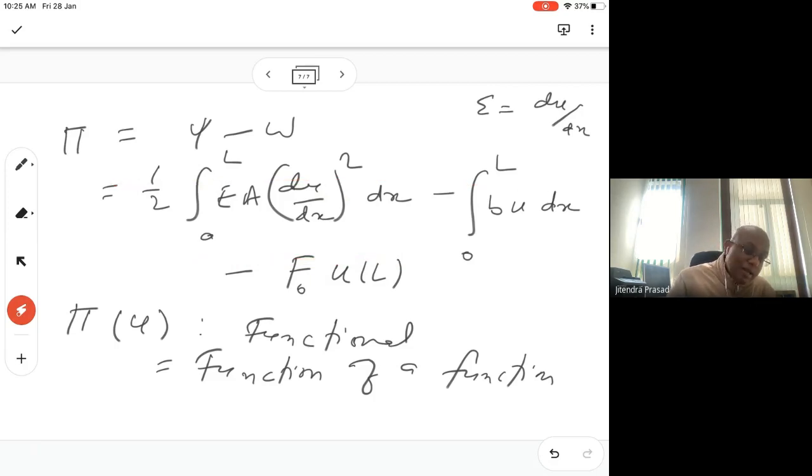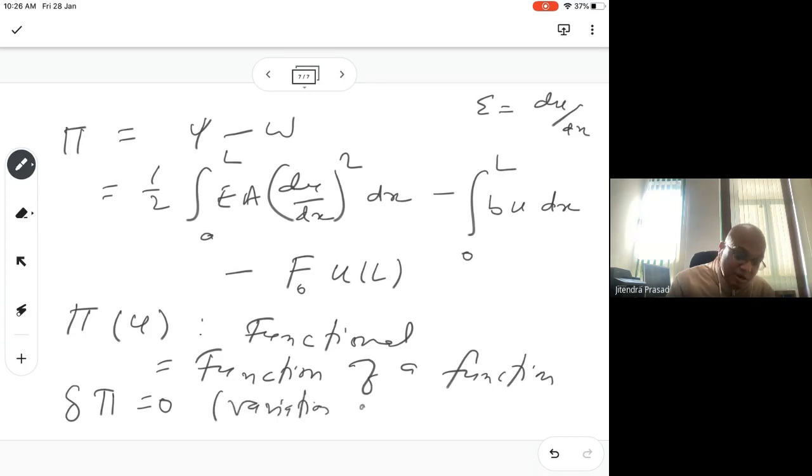Now, so that pi is the minimum, our formulation is what? Del pi is equal to 0, or you say the variation of the functional is equal to 0, right? There is no variation at some point.